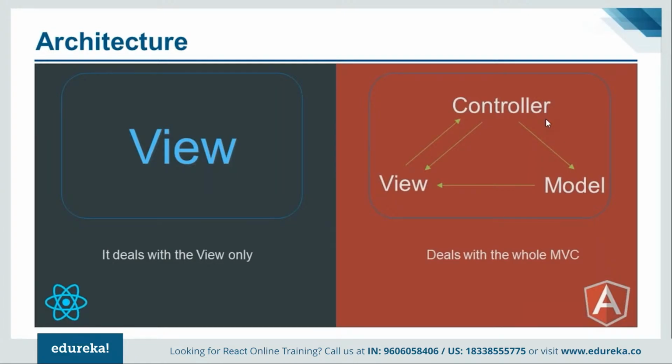But the advantage obviously is from the view perspective, which gives it a lot of advantages when you think about current development in today's world, where a lot of focus is on the user interface itself. So from that perspective, this architecture gives a lot of advantages. Both architectures are trying to solve similar problems, but they vary in terms of the thought process. React's focus is on the view, whereas Angular is all about MVC altogether.